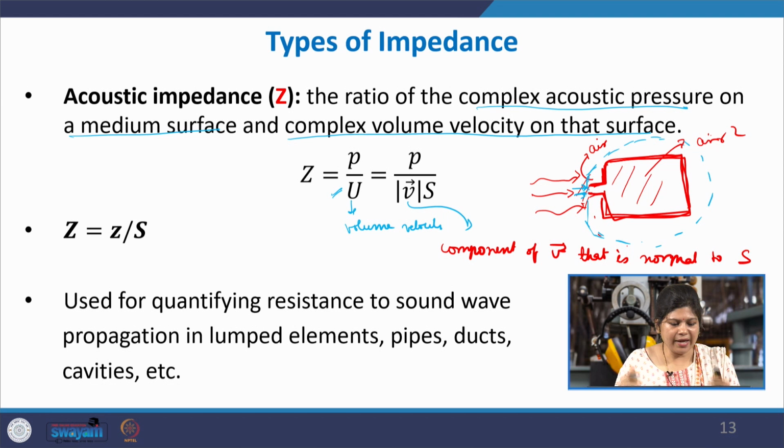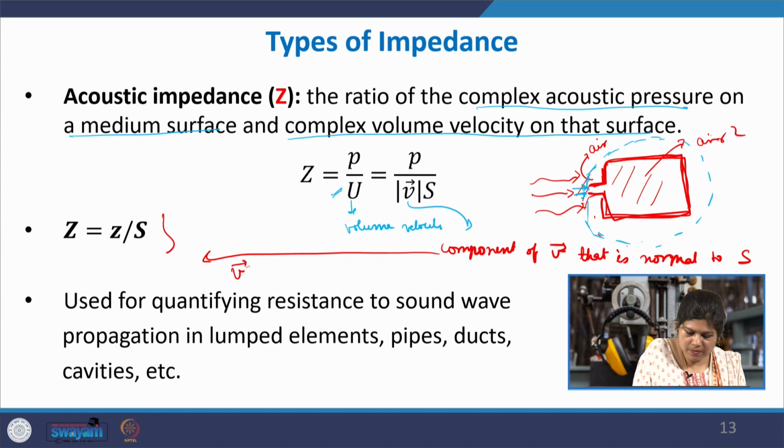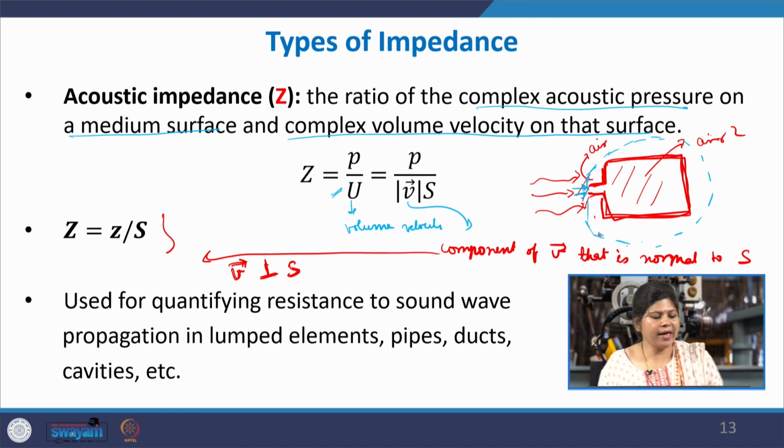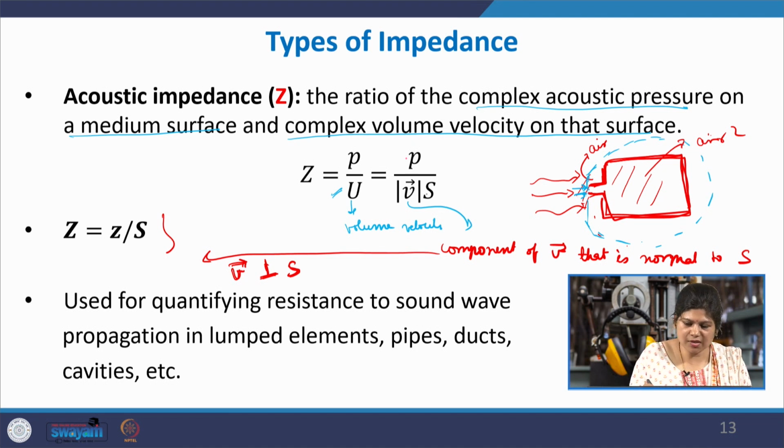Once they are aligned, you get P by mod V. If they are both in the same direction, only when V is perpendicular to the surface area under consideration, then we will have this relationship: P by mod V becomes your small z, which we just discussed, divided by S. So, this is one way to write capital Z as small z by S, that is, acoustic impedance equals characteristic impedance divided by the surface area.